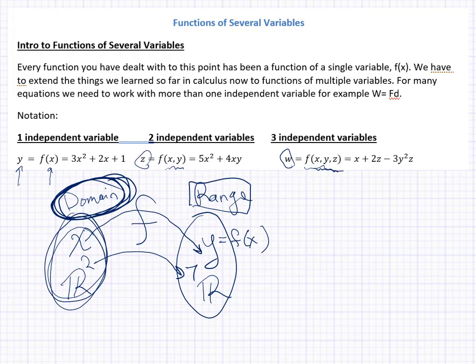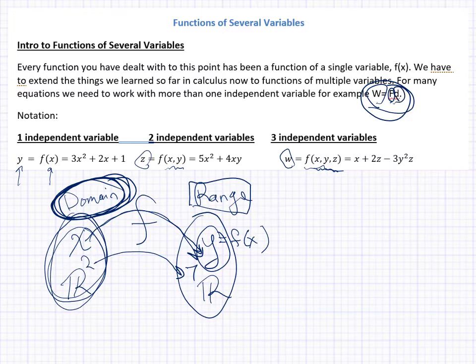This is very common in the real world, that you would have multiple independent variables acting together to create a single dependent variable. Think about a simple equation like work equals force times distance. Work is dependent on both force and distance.